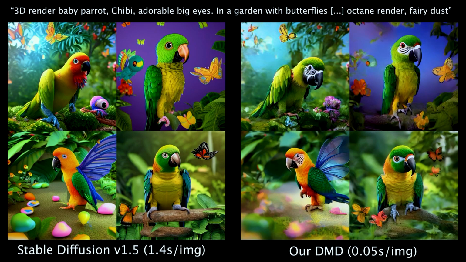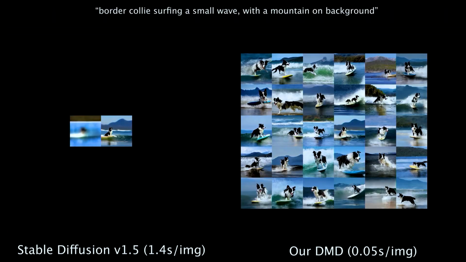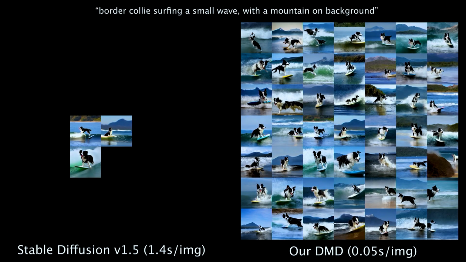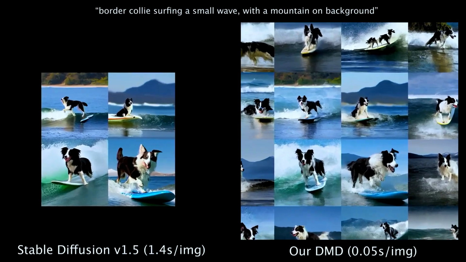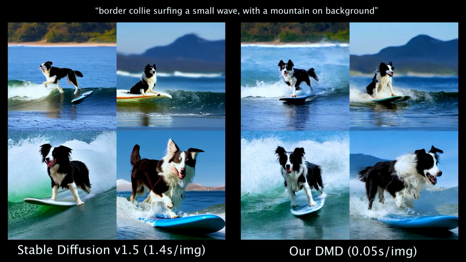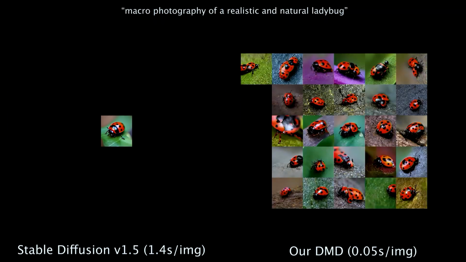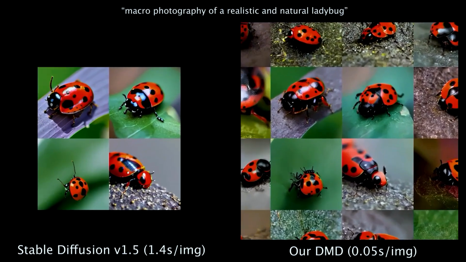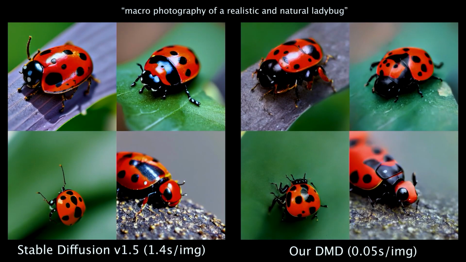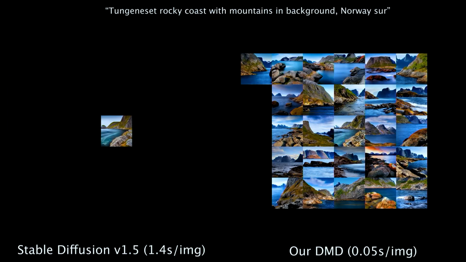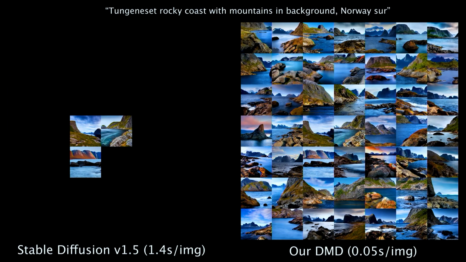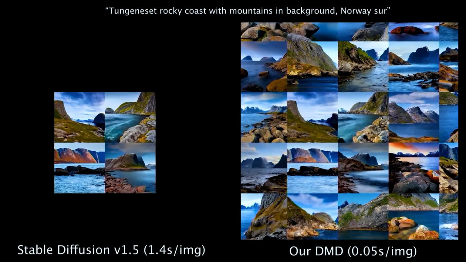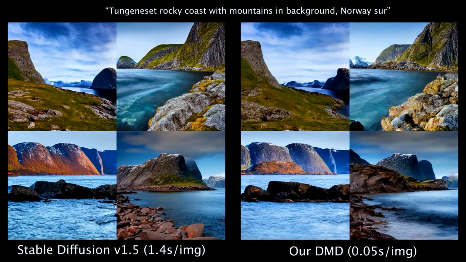But essentially, the old version, this is with Stable Diffusion 1.5, was 1.4 seconds per image, and in this case we're at 0.05 seconds per image, so really much, much faster. And the acceleration is more or less the number of steps that you cut, because the cost of one step for us is essentially the same as one step for the original model.